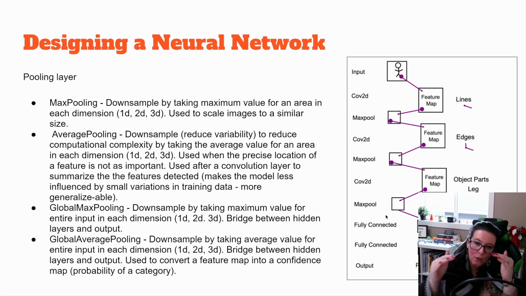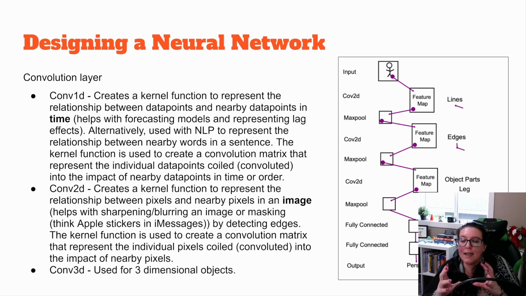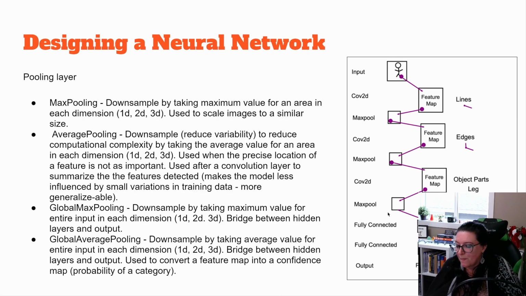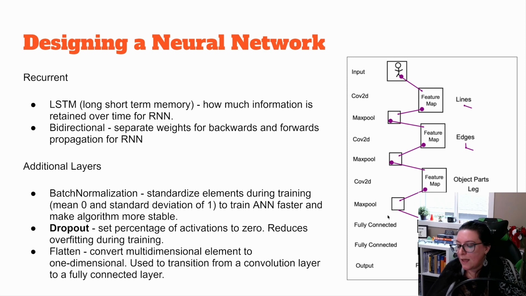So multiple levels where we are each time looking at the relationship between data points and nearby data points. And then we are kind of summarizing that with these pooling efforts. So in the convolution neural network, then what we would do from there is prepare it for output.